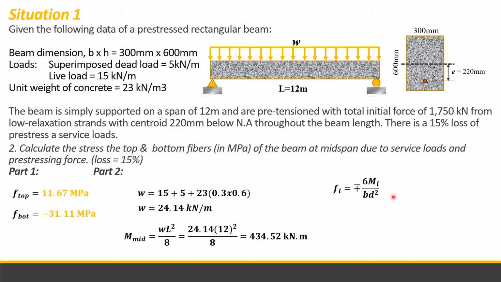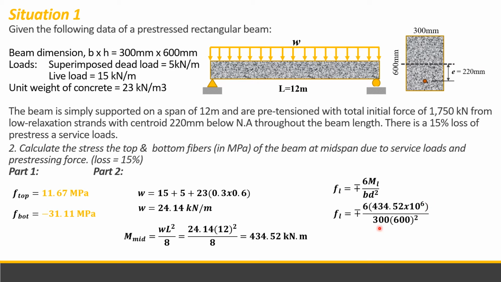So we have minus plus 6 times the moment due to load over BD squared. So we will substitute the value. So 6 times 434.52 times 10 to the power of 6. That is to make it in Newton mm.